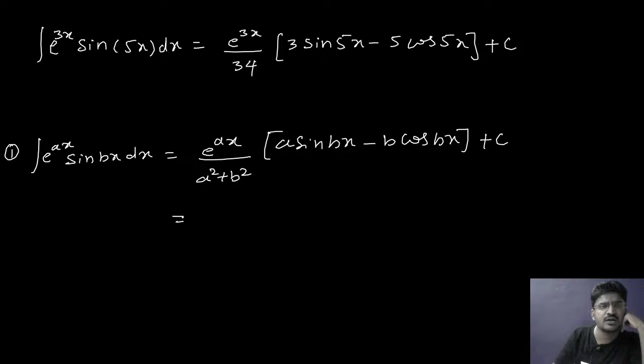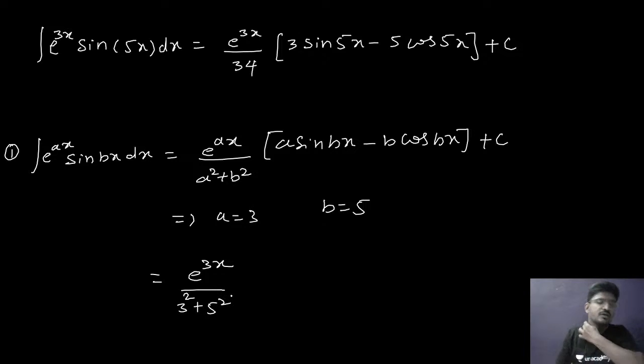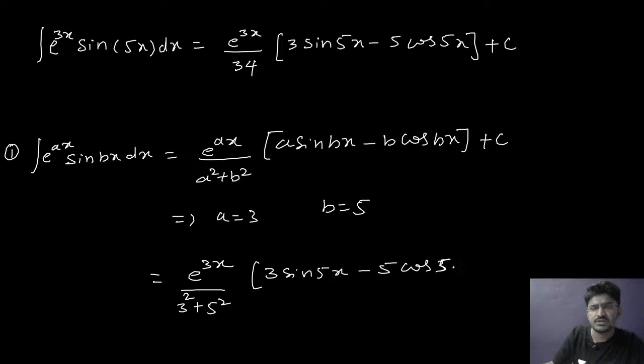So that's why it will be very easy. Here a value is 3, b value is 5. So e to the power of 3x divided by 3 square plus 5 square. 5 square is 25, 25 plus 9 is 34. Now a value is 3 sine, and b value is 5 cos 5x plus c.